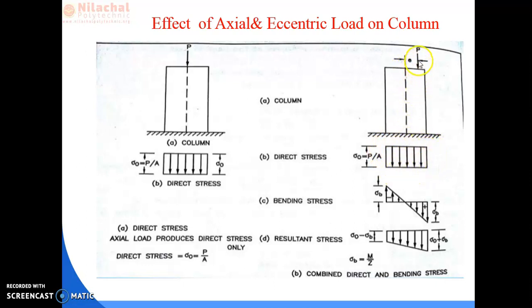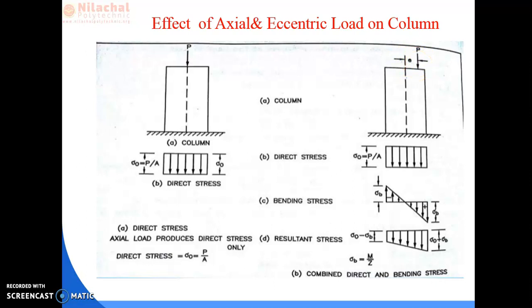Now, there is another load which is acting along the right side. Both the loads are downward in nature. So we have seen that there are two loads, and they are causing a couple.